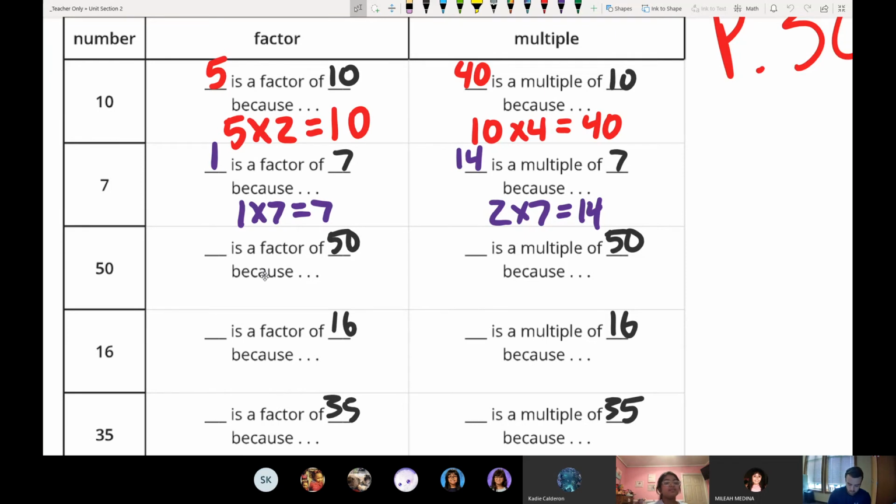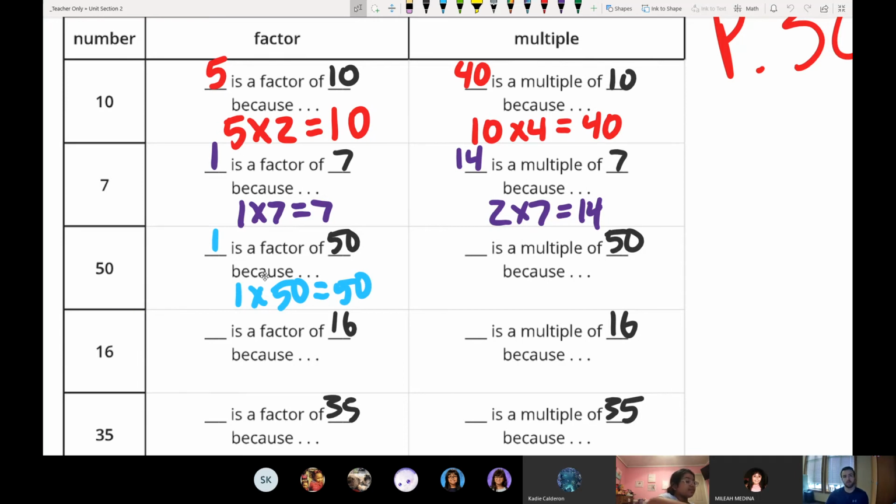1. All right, 1 could be a factor. Why? 1 times 50 equals 50. Yeah, 1 times 50 equals 50. Very good. We could also say something like 2 could be a factor because 2 times 25 equals 50. It's another one. Right, there are many of them there.